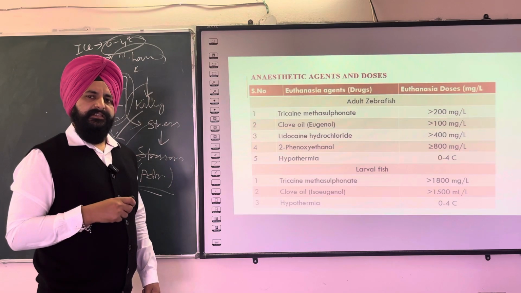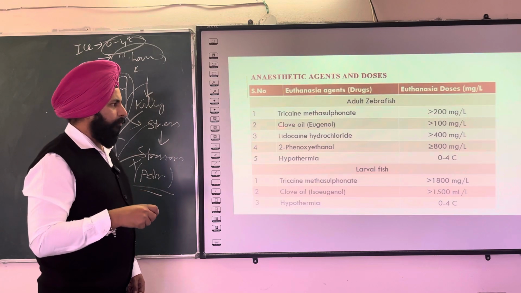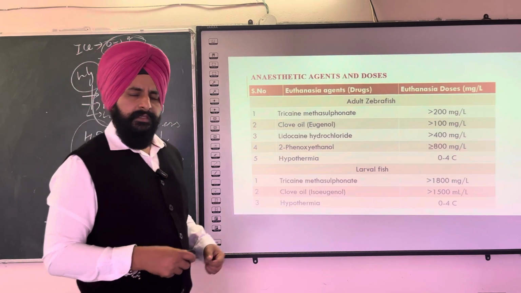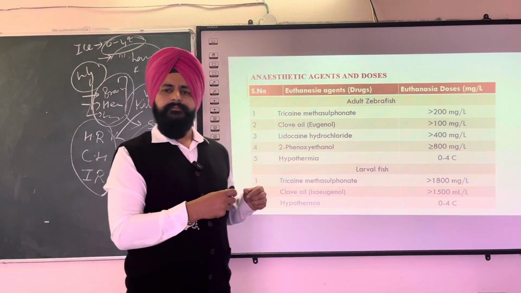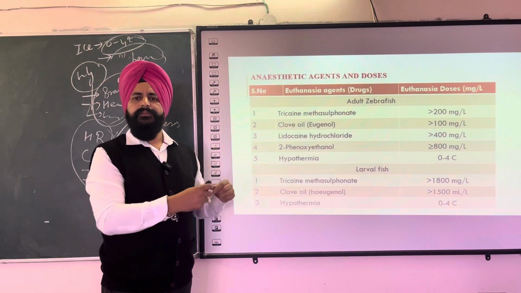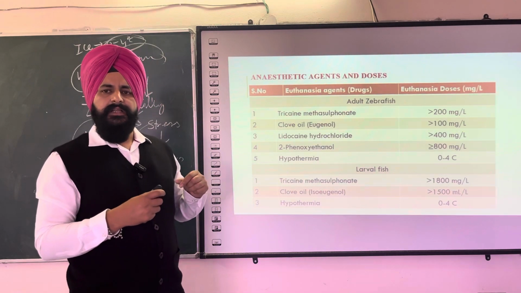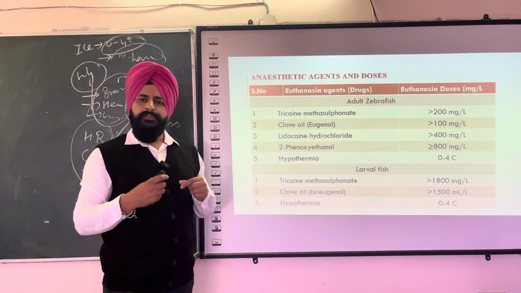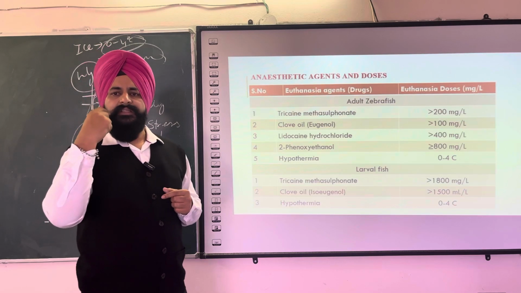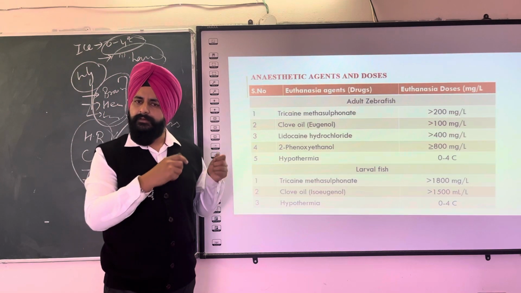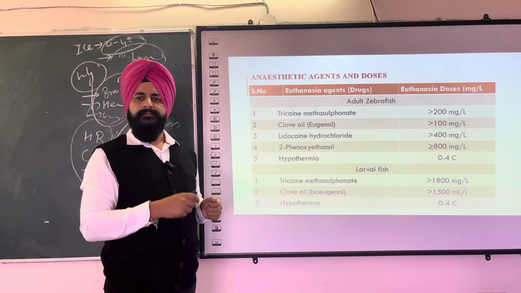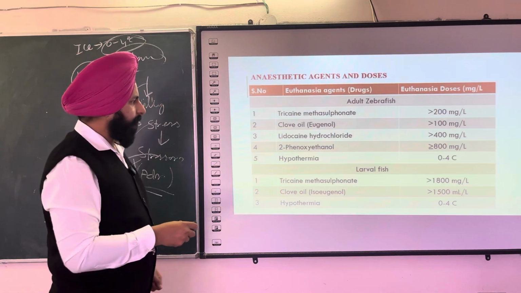Eugenol has anesthetic properties, and clove oil at a dose of 100 mg per liter is used, because it reduces pain and painful sensations. Clinically, whenever we suffer from toothache, we place a clove inside our oral cavity, because eugenol has pain-killing as well as anesthetic properties.